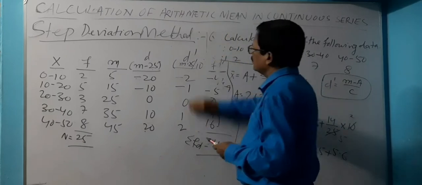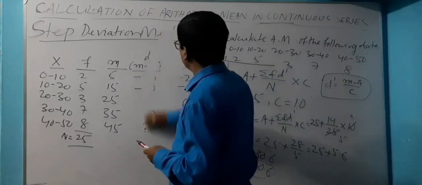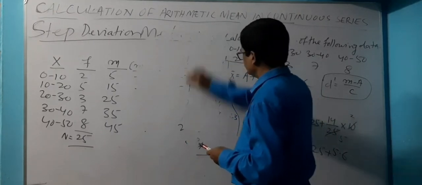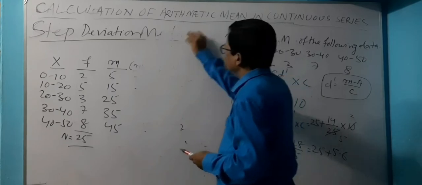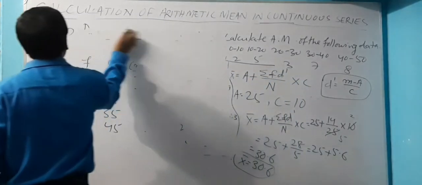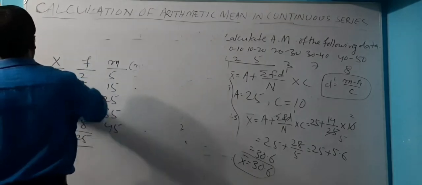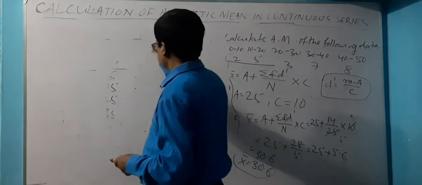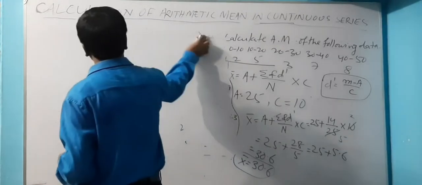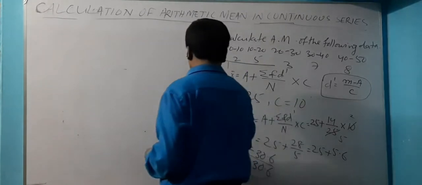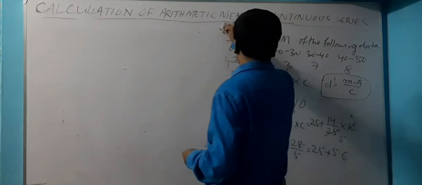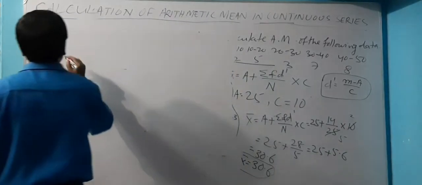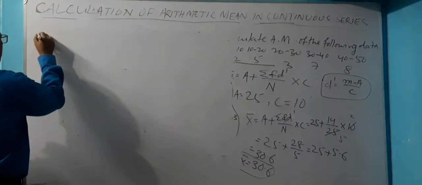So, the formulas for calculating arithmetic mean in direct method, shortcut method and step deviation method, I will write the formulas.